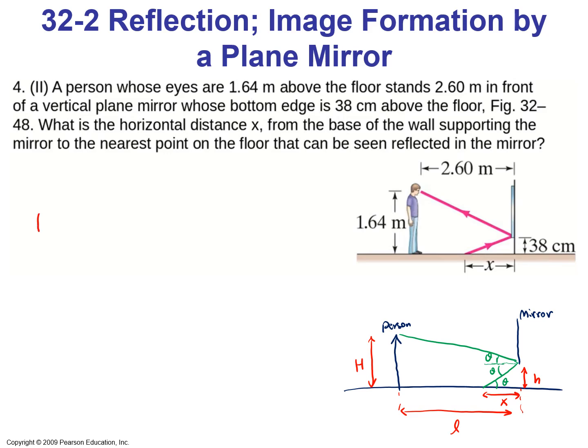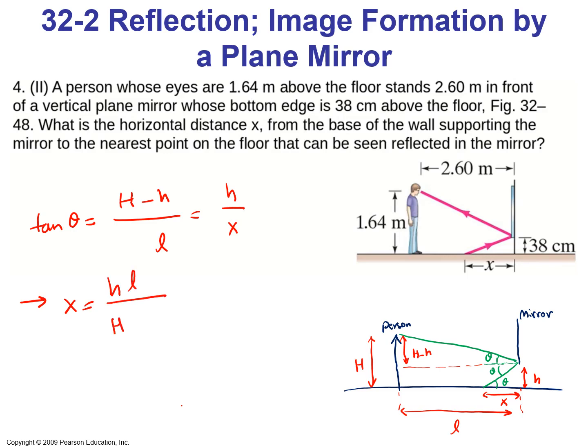So we have tan theta from geometry is equal to capital H minus little h, this distance, over L. And this is equal to h divided by x. So from this geometric relation, x is equal to hL over capital H minus little h.